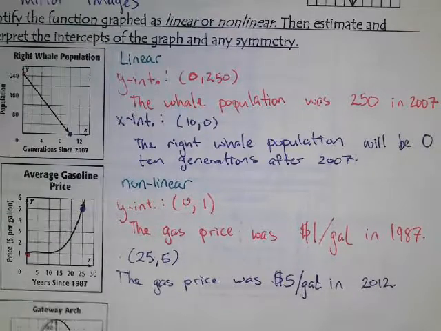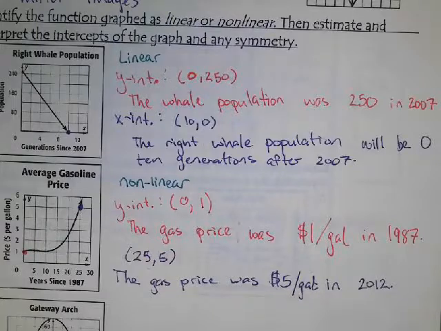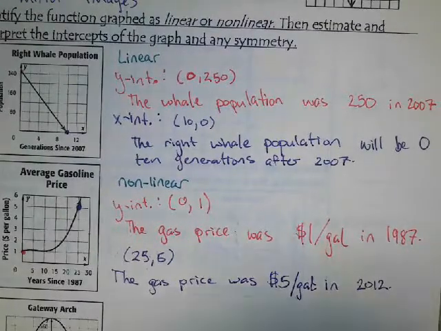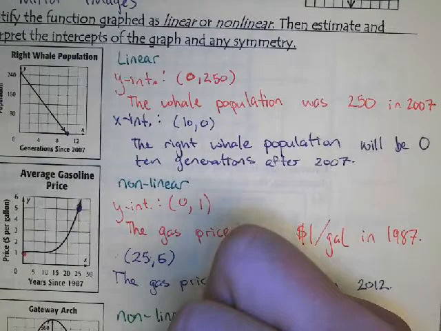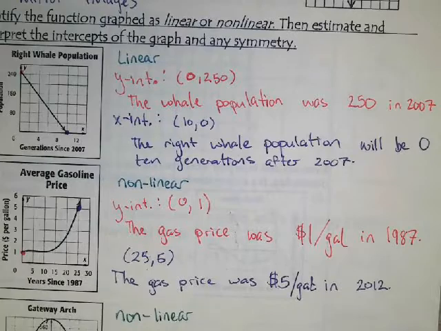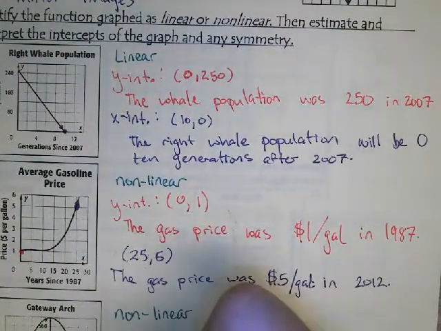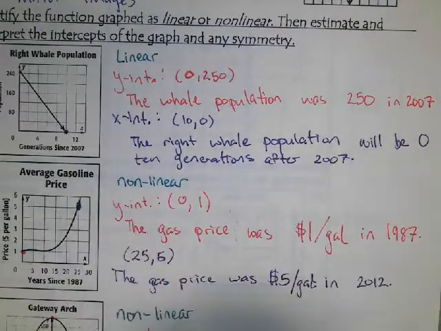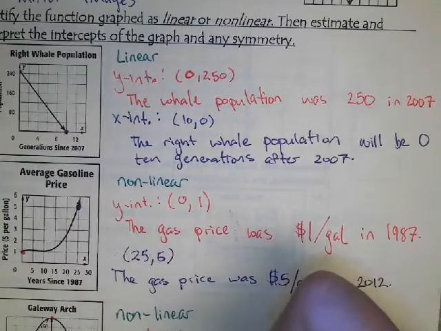So now number 3, we have two x-intercepts and one y-intercept, and we'll first say that this is nonlinear. And our y-intercept, it looks like we're going up by 80, so that would be about 640 right there. So we'll say that it's (0, 640).